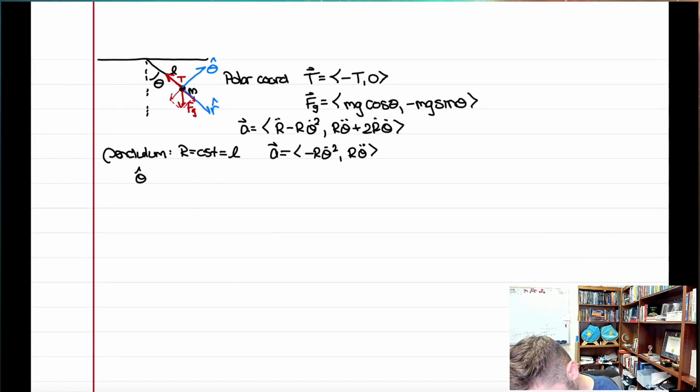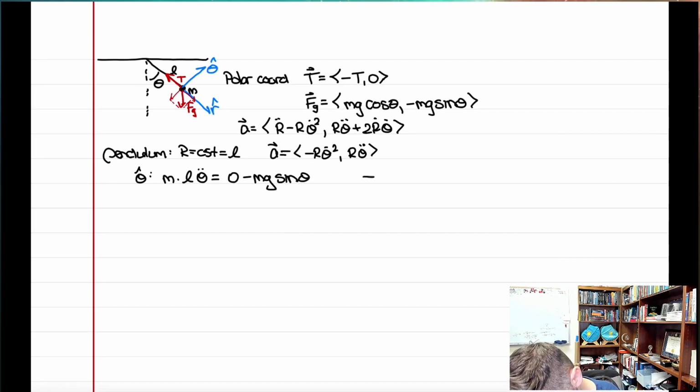So then if I look at the theta direction, it looks like the mass of the bob times L theta double dot, because again R is just equal to L, equals no component from tension, then minus mg sine of theta.